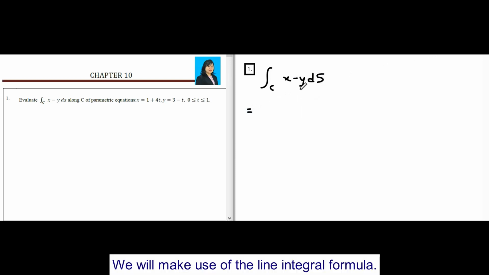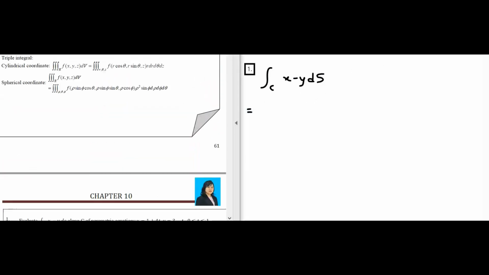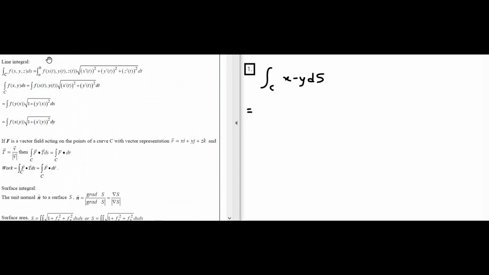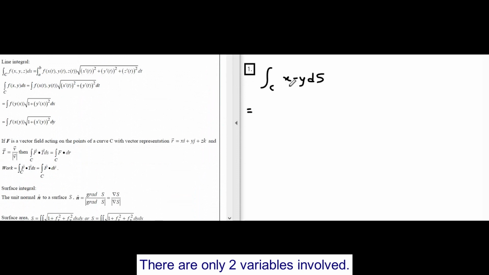We will make use of the line integral formula. There are only two variables involved.